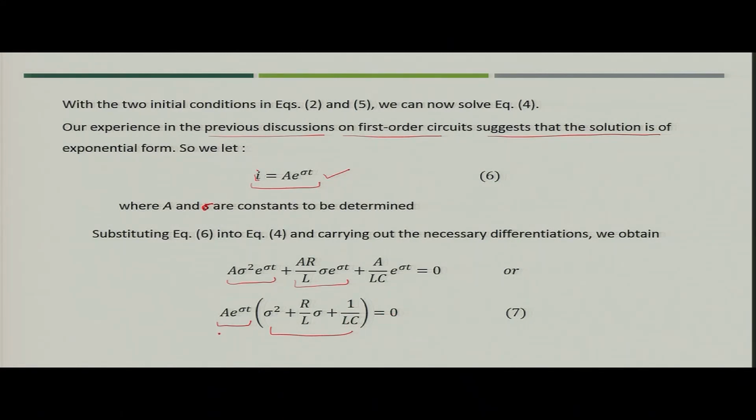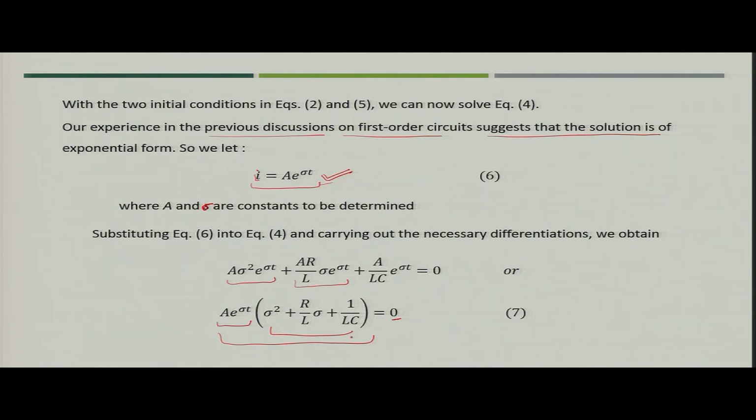Now, in the solution of this type of equation, the factor A e to the power sigma t cannot be equal to 0, because by our initial assumption A e to the power sigma t is nothing but the value of current I. So, this cannot be 0.